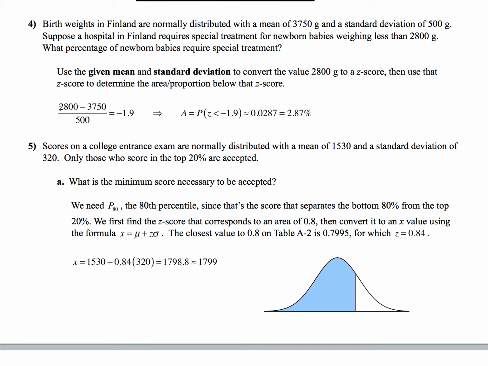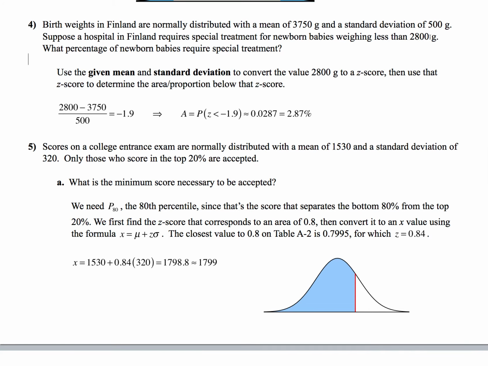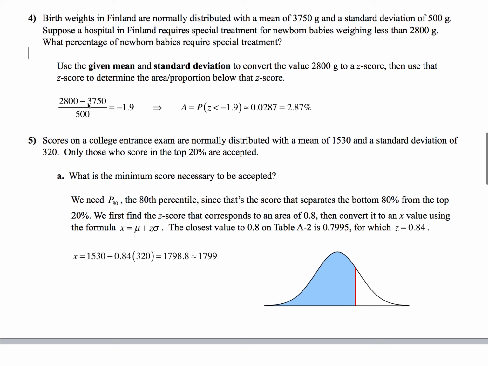So again, we use our formula, x minus mu divided by sigma. The x is 2800 because that's the particular value we're interested in. We subtract the mean from it, and divide by 500, and that gives us a value of negative 1.9.